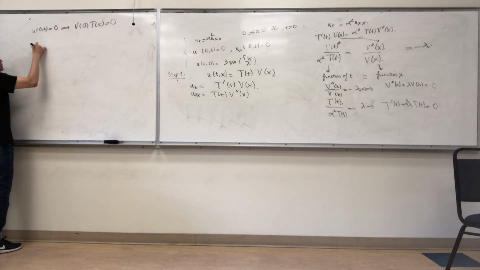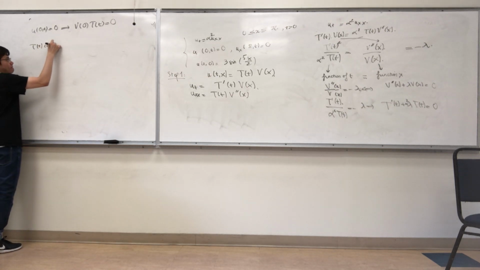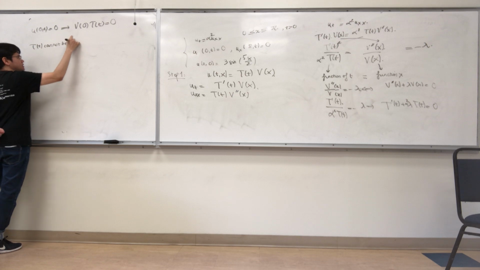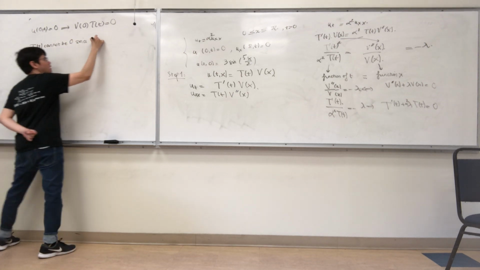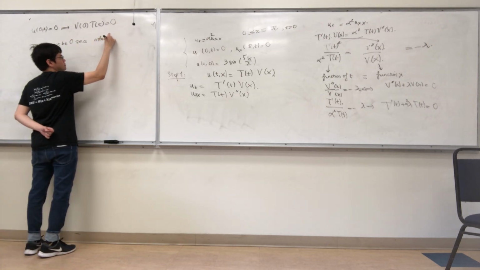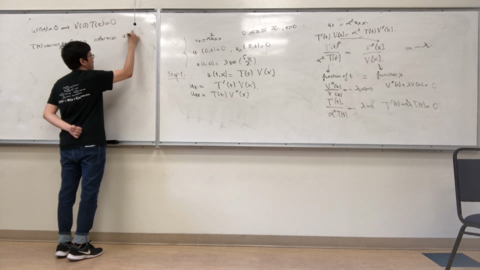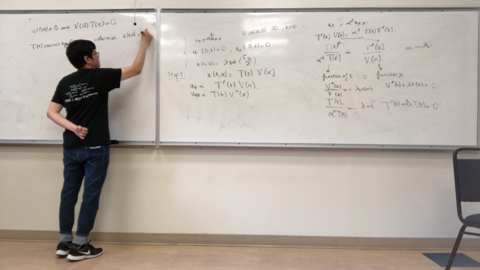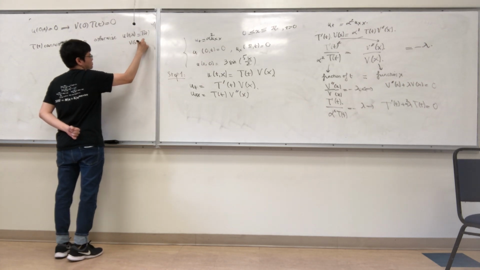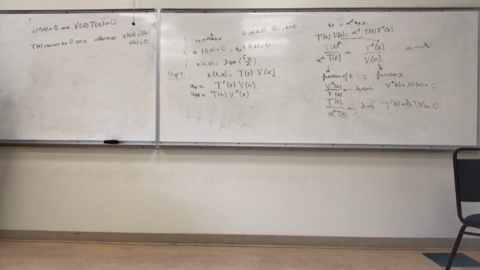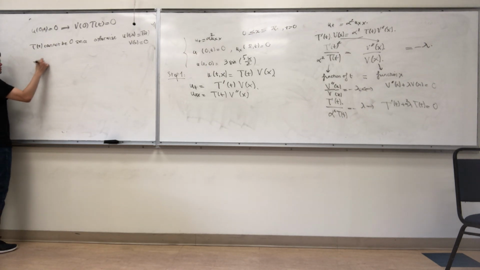So T(t) cannot be 0, since otherwise u(x,t) will be T(t)V(x), and this is 0. Which means that V(0) has to be 0.